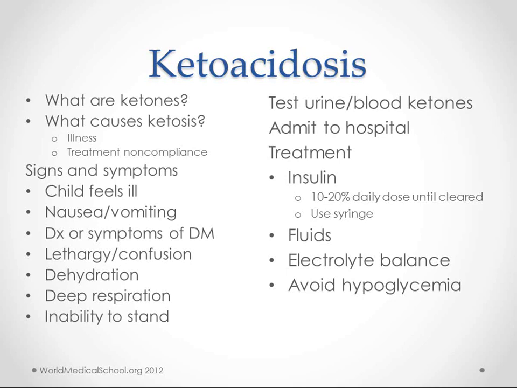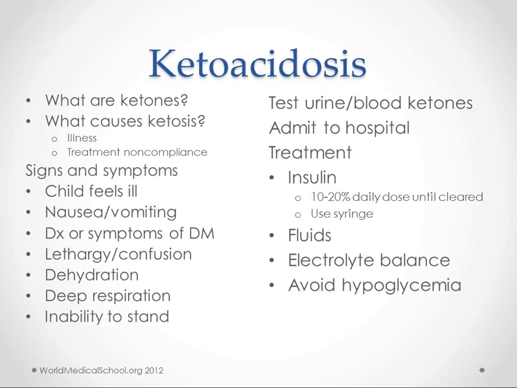All ketoacidotic kids are dehydrated, so you get all the signs of dehydration. Deep respiration is called Kussmaul breathing, is a later stage of ketoacidosis, and at some point you get an inability to stand. So all these things are reasons to get to the hospital.